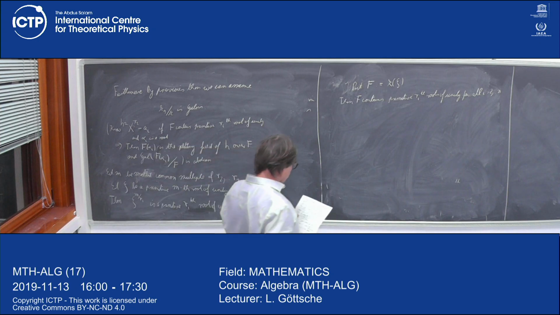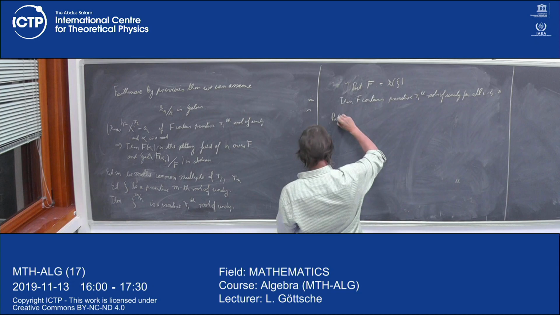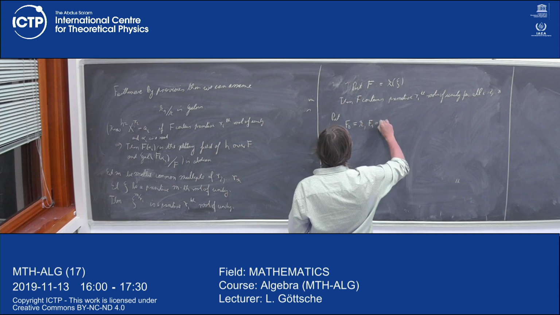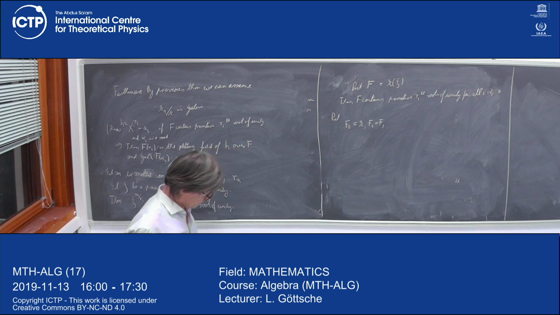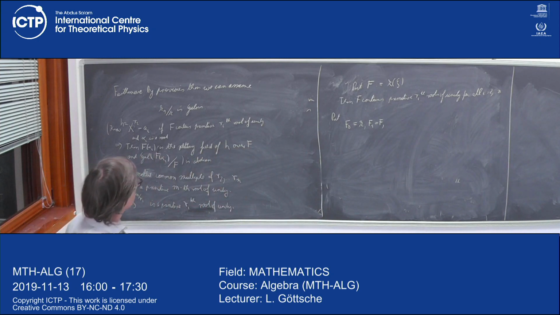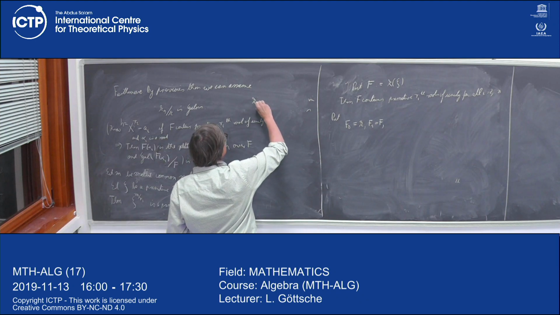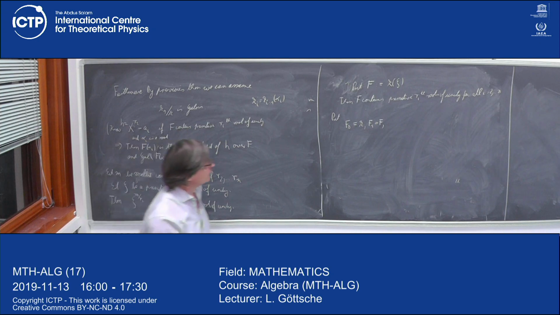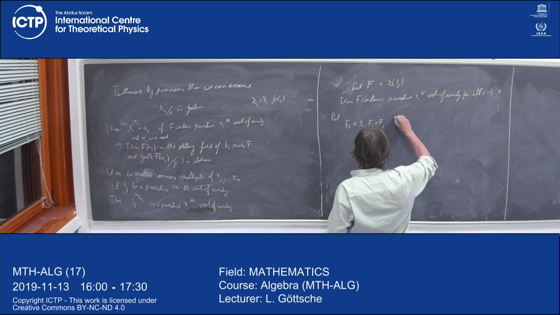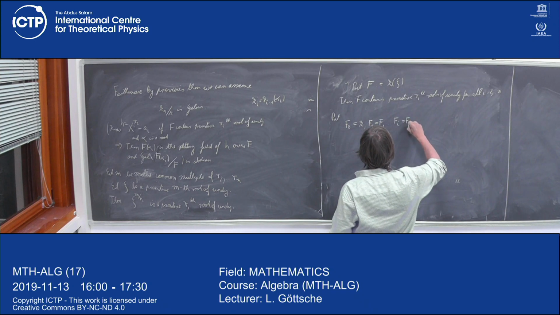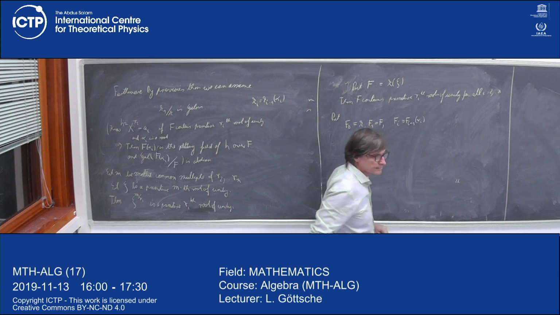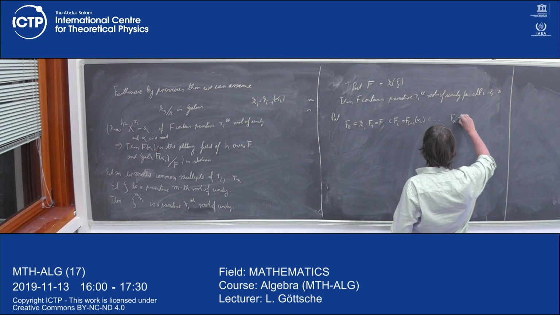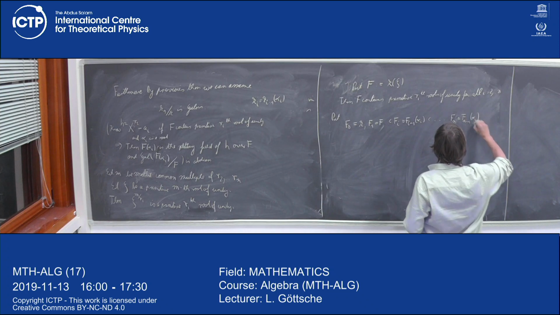So now we can put F_0 equal to K, F_1 equal to F, and then, remember that we had K_i was equal to K_{i-1}(alpha_i) in this chain before, and so we have F_i equal to F_{i-1}(alpha_i), and so on until F_n equal to F_{n-1}(alpha_n).